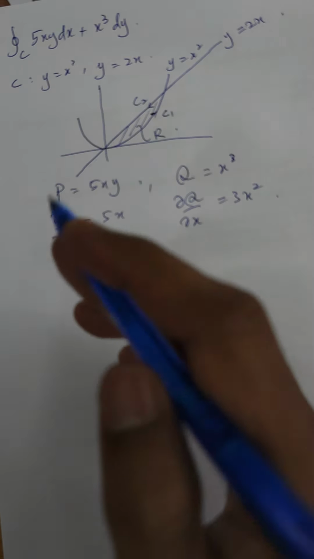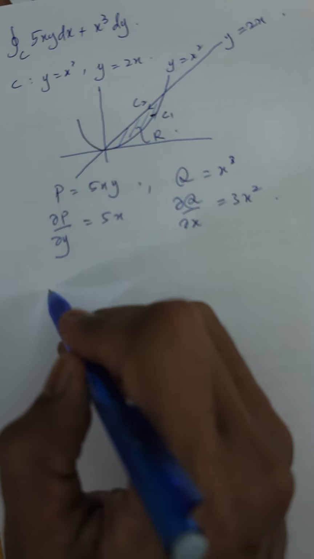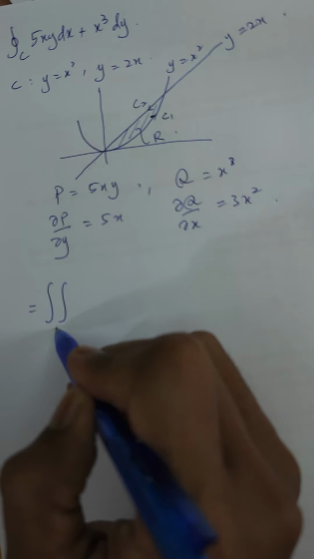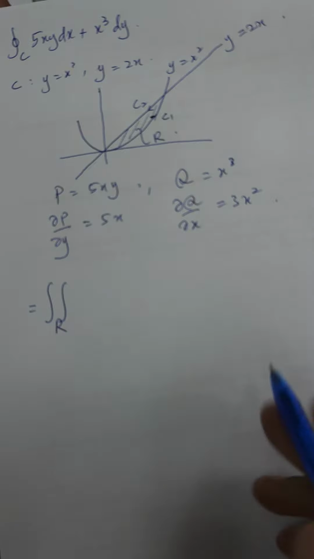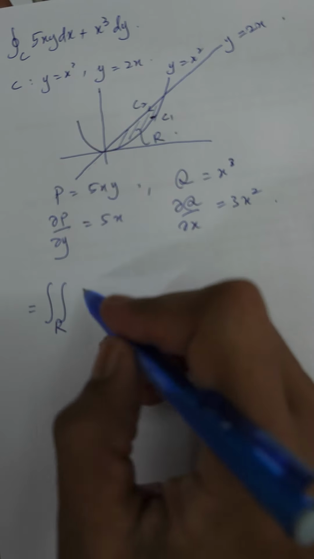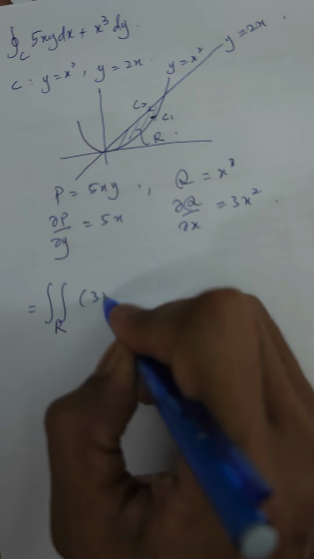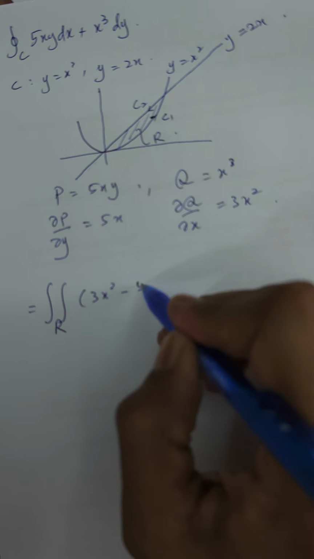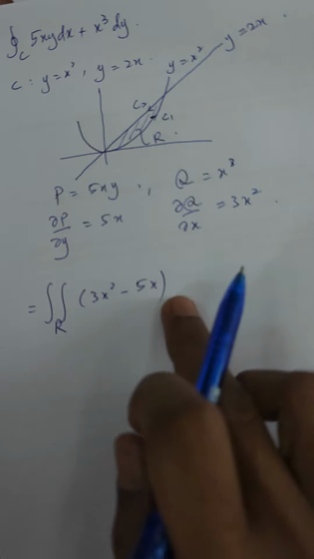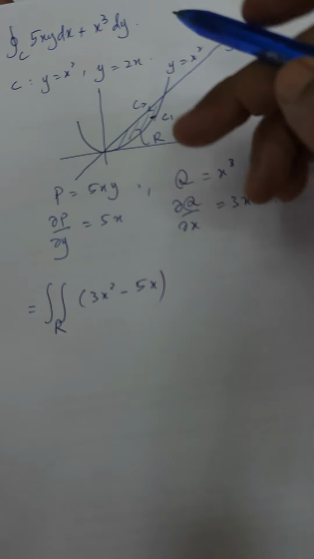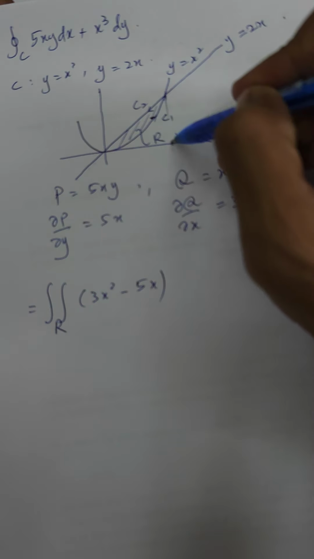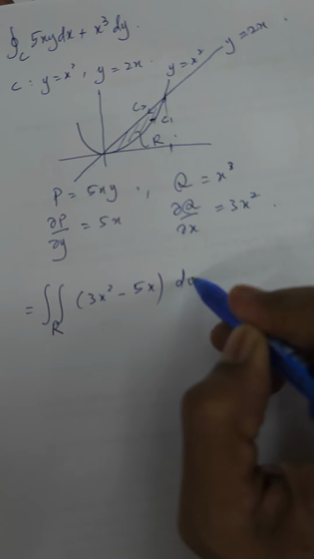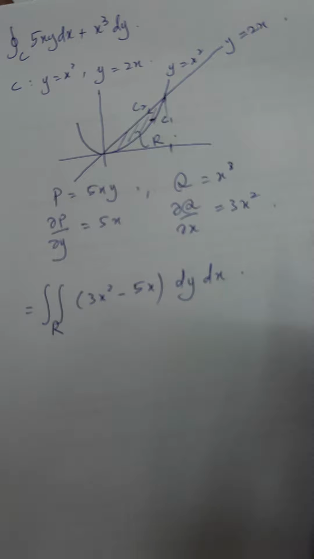Then we substitute everything into those formulas. So the integral becomes, over R, del Q del x, which is 3x squared, minus del P del y, that's 5x. And then I think we can consider that on the x axis again, so therefore we integrate with respect to y, then x.